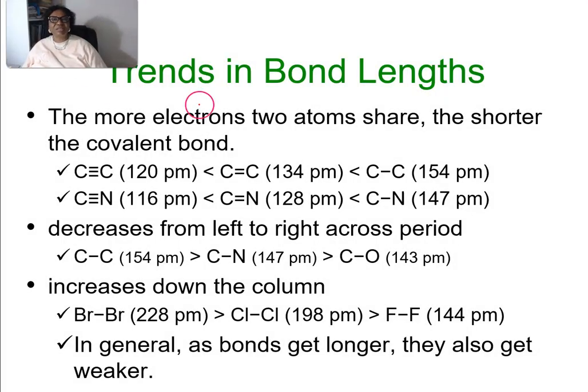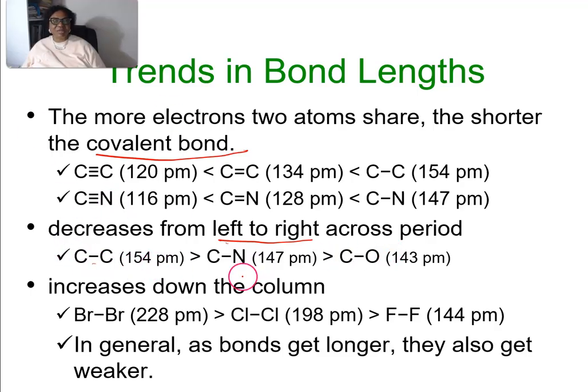Trends in bond length. The more electrons two atoms share, the shorter the bond length. The triple bonds have shorter bond lengths than the double bonds, and the double bonds have shorter bond lengths than the single bonds. Another characteristic of bond length is that it decreases from left to right across the period.